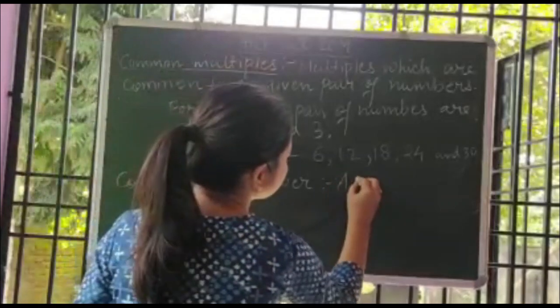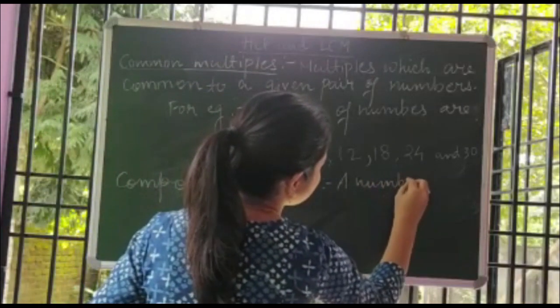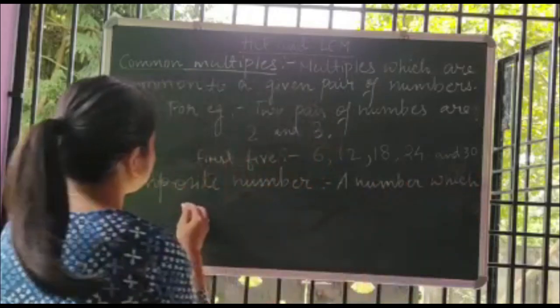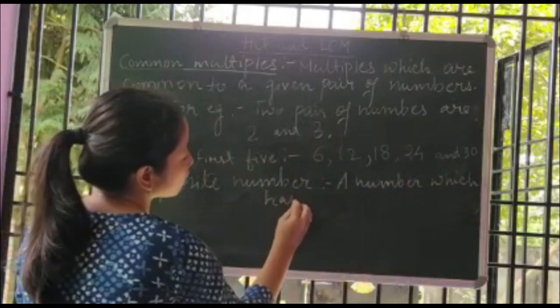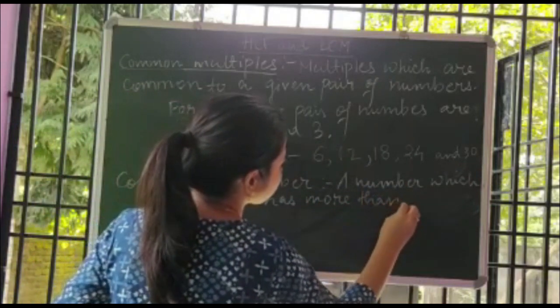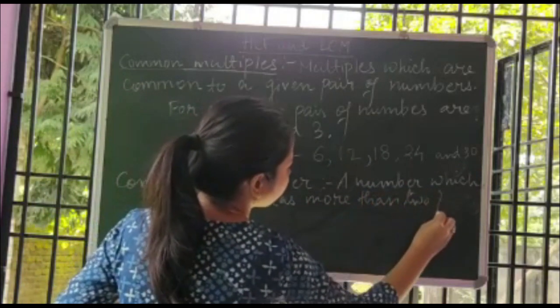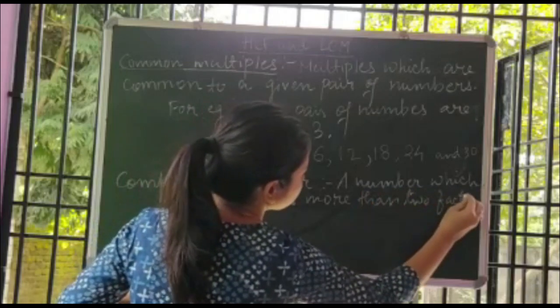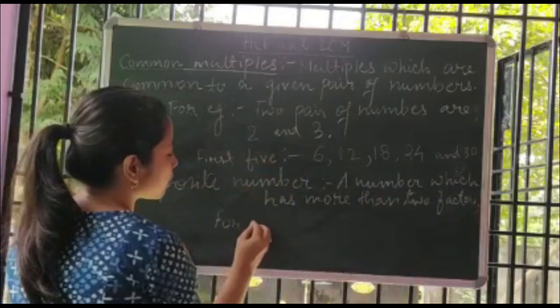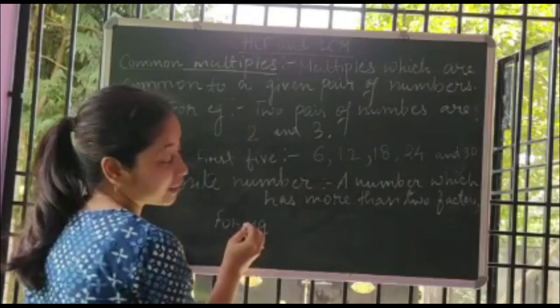A number which has more than two factors. Okay. For example, can you give me some examples? You can think yourself, right?